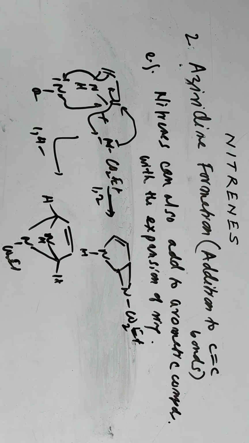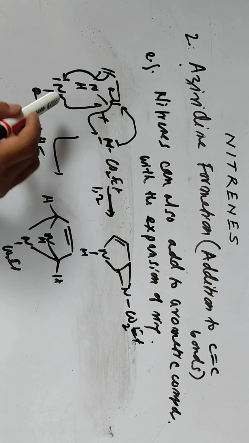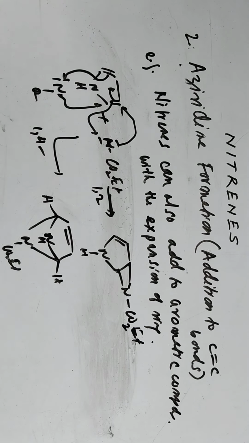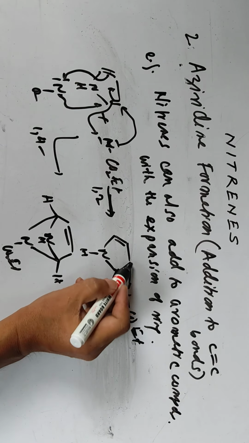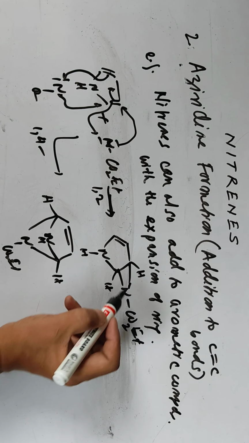In the case of 1,2 addition, you get the double bond here. In the case of 1,4 addition, you take it like this. So two products are formed. If you lose this hydrogen, you can get two products.